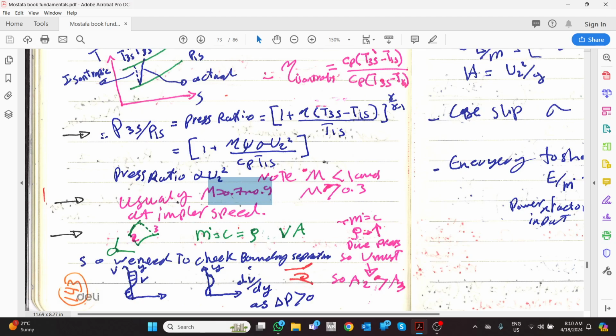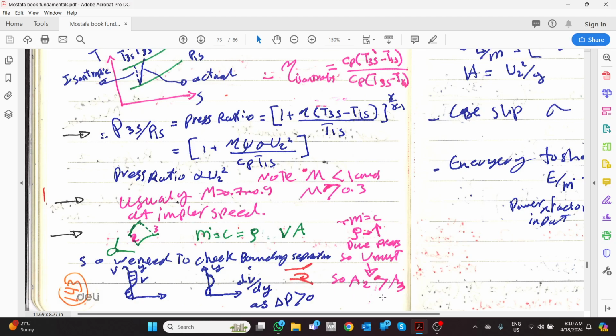Because the mass flow is constant, and we know that we are over Mach number 0.3, the density is going to increase. So this is a velocity, not a volumetric flow rate; this is the volumetric flow rate. When the density goes up with constant mass flow, the velocity must go down, and the area too must go up.